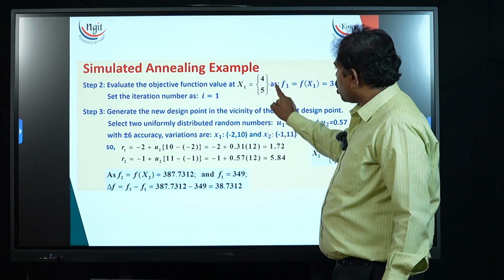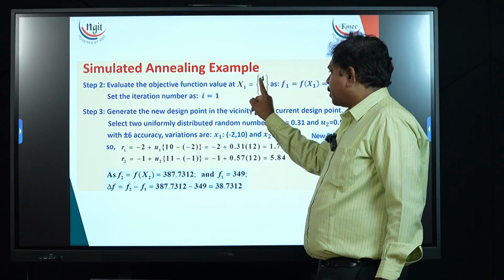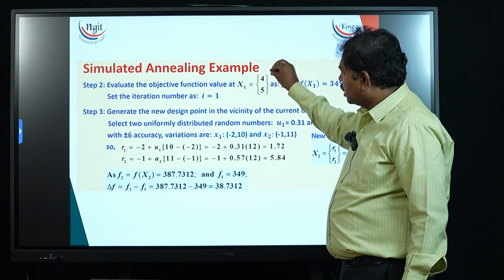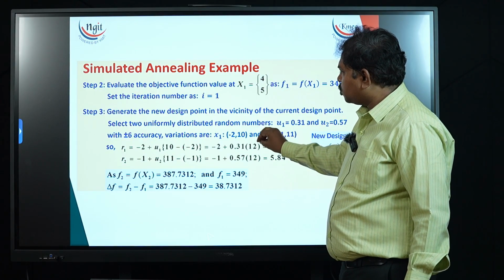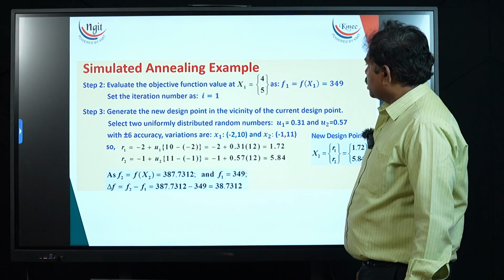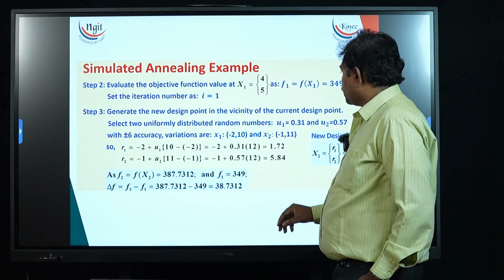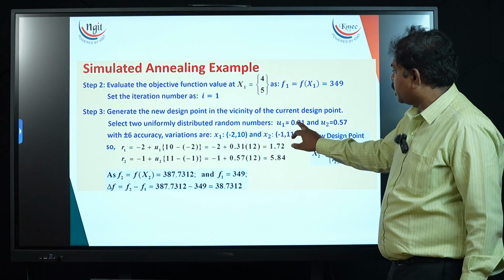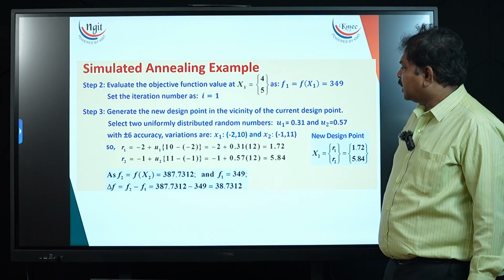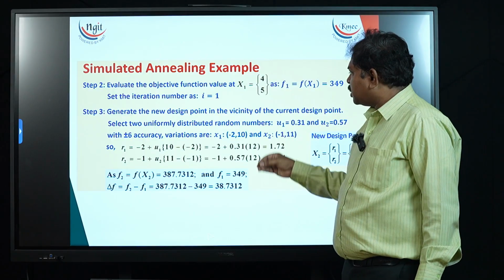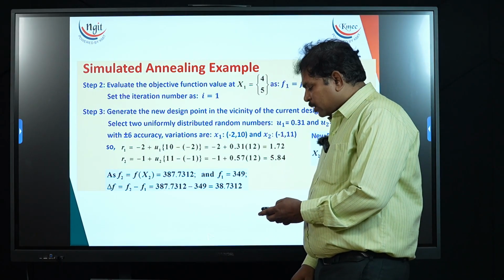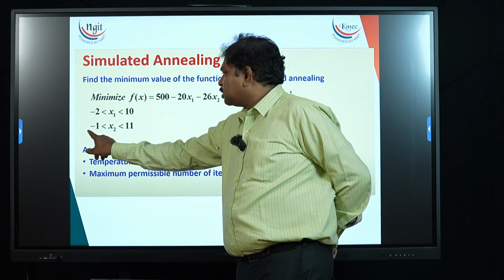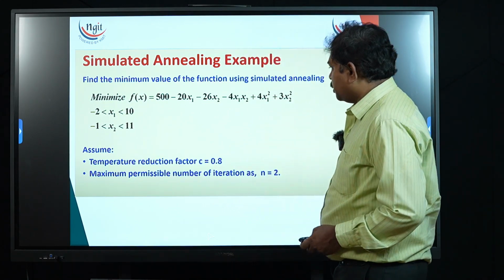Now I make a small change to this 4 5 by introducing randomness, finding 2 new values. Suppose 4 5, I take 2 random numbers between 0 and 1, and then I change this slightly because x1 falls in the range -2 to 10, x2 falls in the range -1 to 11.